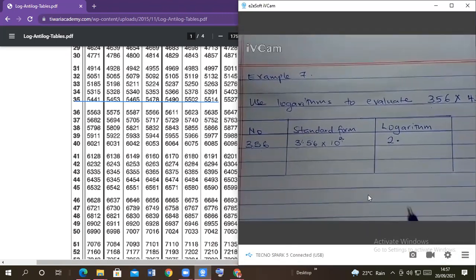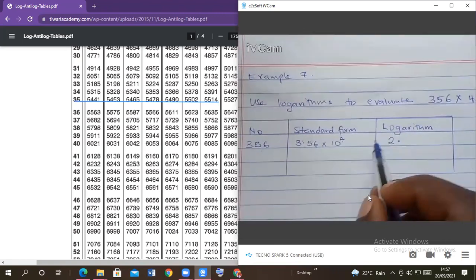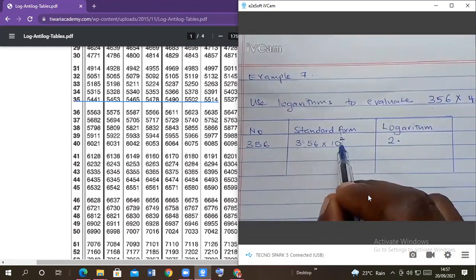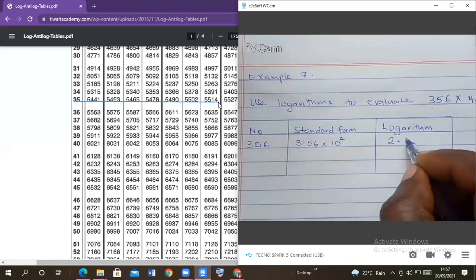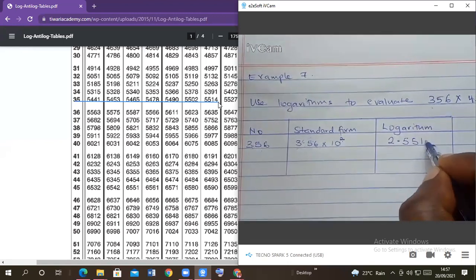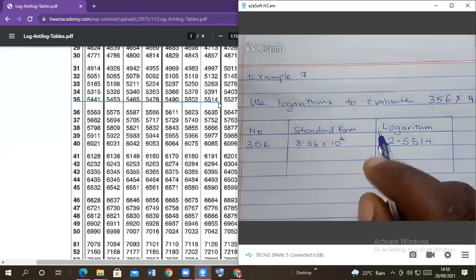So when you're writing that, we wrote 2 for this 10. Now we are going to write this value which is here as 0.5514, just add on 5, 1, 4.